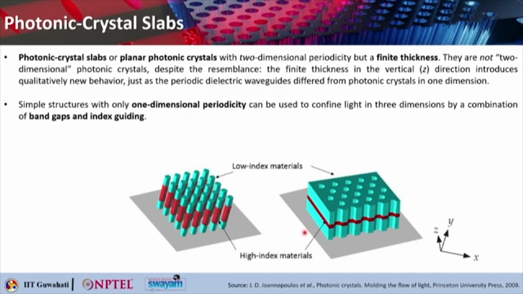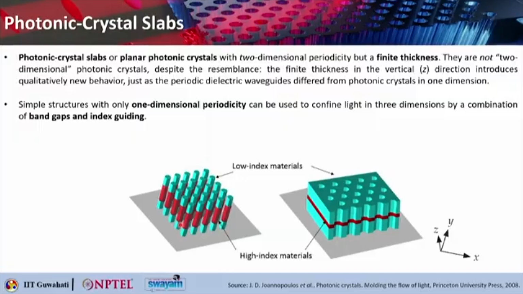This is an example of a two-dimensional photonic crystal slab. We are not calling them two-dimensional photonic crystals because they have finite thickness. So the vertical dimension is basically restricted.